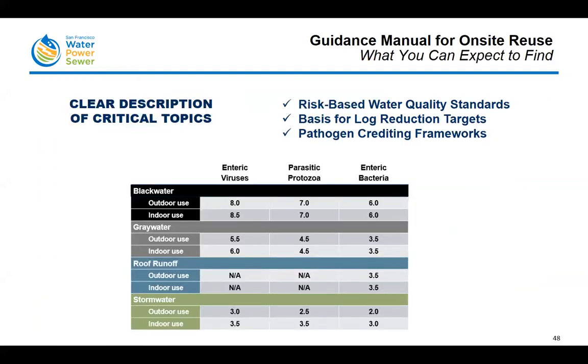What can you expect to find in this guidance manual? It goes into a lot of detail, very clearly and simply, on explaining risk-based water quality standards, the technical basis for coming up with the log reduction targets, as well as these pathogen crediting frameworks that are used to develop the credits for the treatment technologies to meet the log reduction targets.